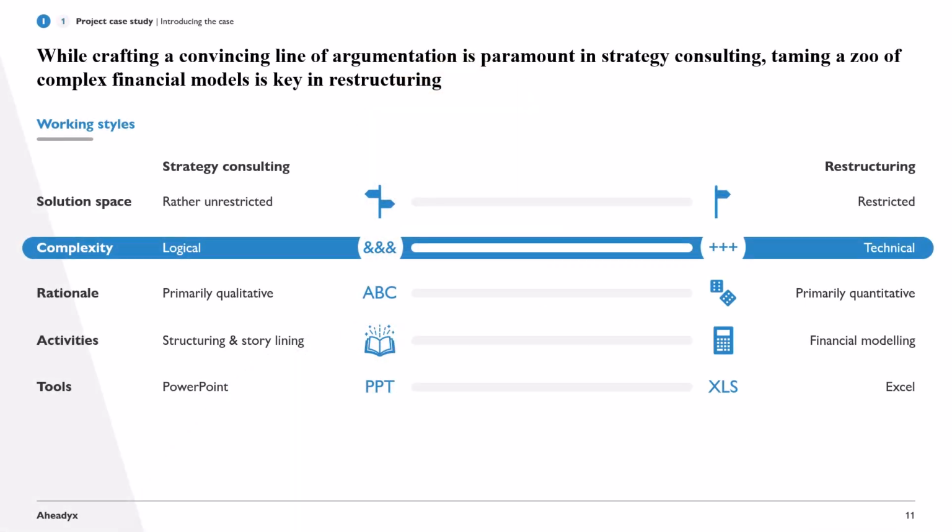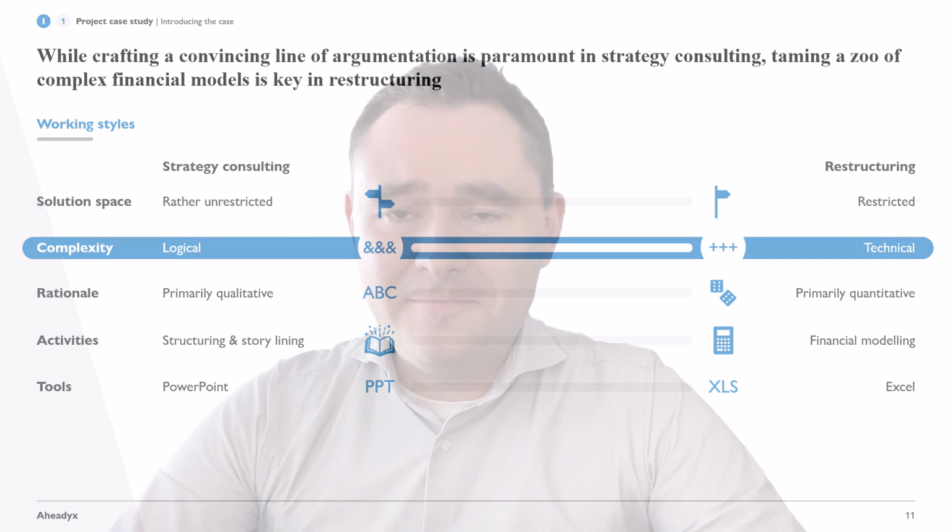Next, let's look into complexity. In strategy consulting, you're primarily dealing with logical complexity, whereas in restructuring, it's primarily technical complexity. To give an example, in a restructuring project, we had a situation where just before an important meeting, the gap in midterm financing changed by 0.1 million, and we didn't know why until we figured out that it was because of our optimization of working capital, which now was product specific, and before it hadn't been.